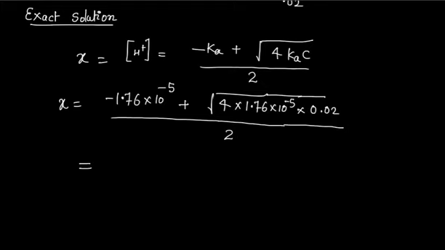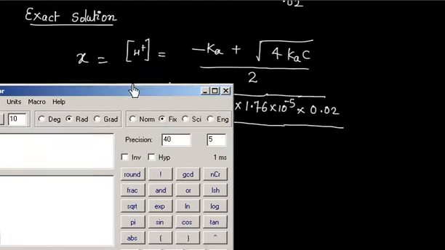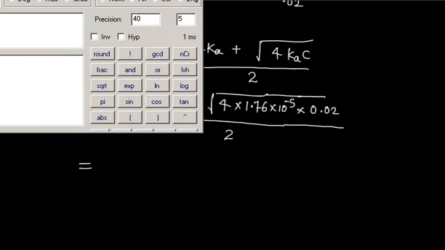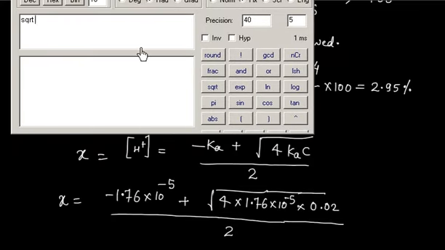So we can write here a square root of 4 into 1.76 into 10 raised to the power minus 5 into 0.02, this plus, and this value is minus 1.76 into 10 raised to the power minus 5, and this all divided by 2.